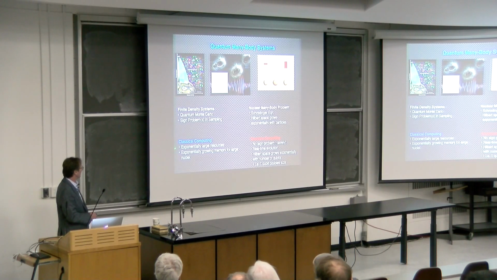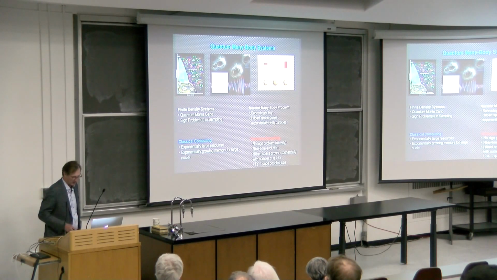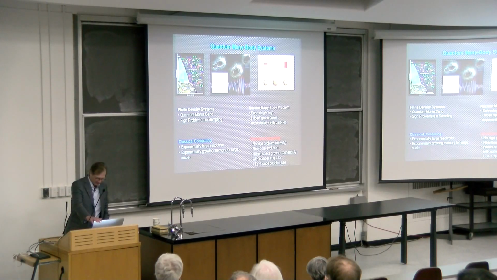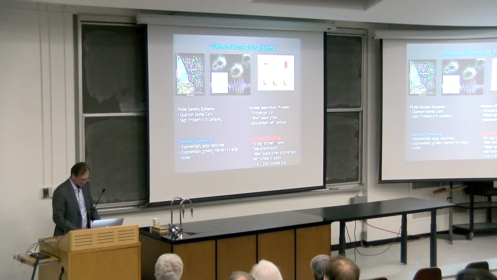For classical computing, what this means is you need exponentially large resources, exponentially growing memory for large nuclei. When it comes to quantum computing, there's no sign problem naively, and I may come back and talk about what that is. In real-time evolution, the Hilbert space grows exponentially with the number of qubits, and so this turns into polynomial growth with the size of the system.